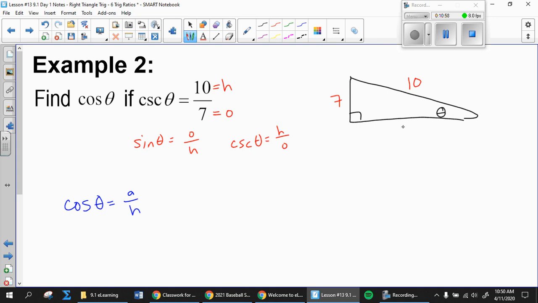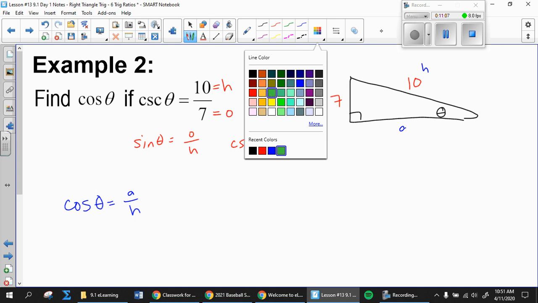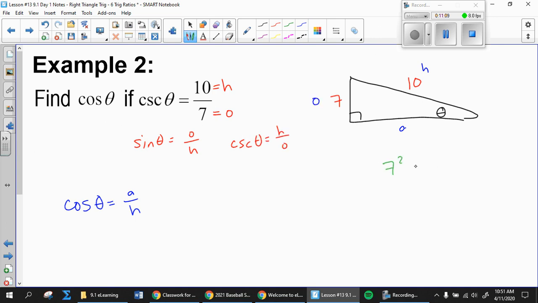So then the only thing we're missing here is our adjacent side. This is our opposite, this is our hypotenuse, this is our adjacent. So again, we're going to have to use Pythagorean theorem. So 7 squared plus x squared is 10 squared. So that gives me 49 plus x squared equals 100.